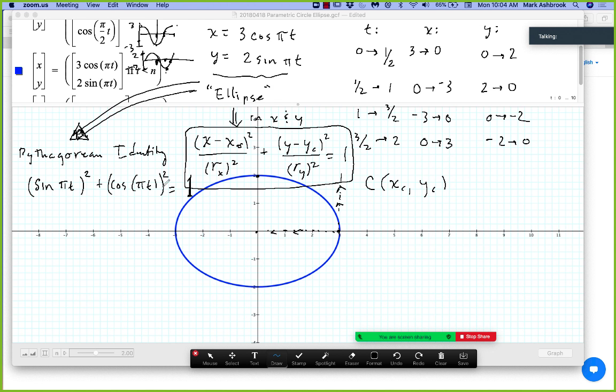So that's a true statement. By the Pythagorean identity, we have the same argument for sine and cosine, so sine squared plus cosine squared equals 1. But for our function here, what is sine pi t? It's y over 2. So sine pi t is equal to y divided by 2. And what is my cosine pi t?